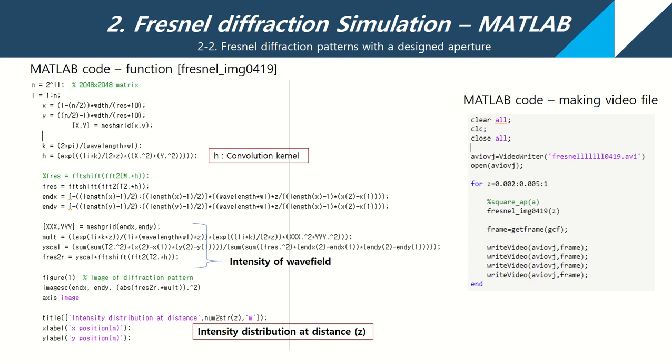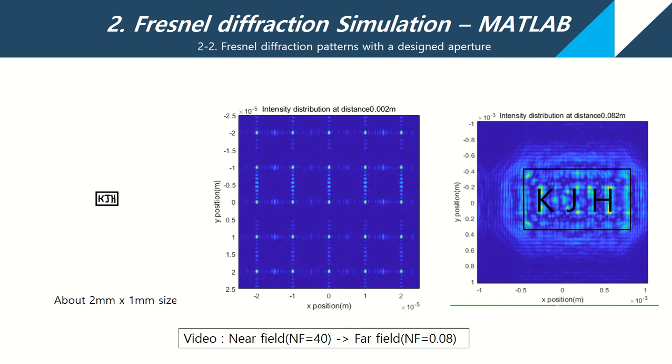I used the same code for making the video. This is the result of simulation. The aperture is about 2 mm wide and 1 mm long. Let's see the video about intensity distribution versus distance. This video starts from near field to far field.